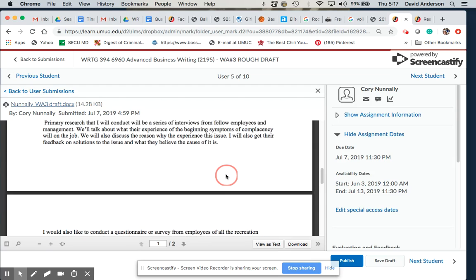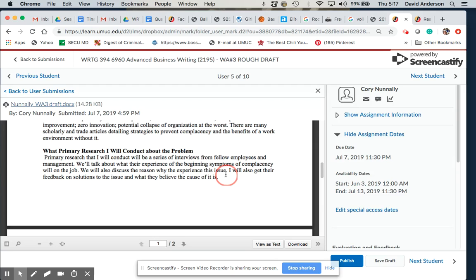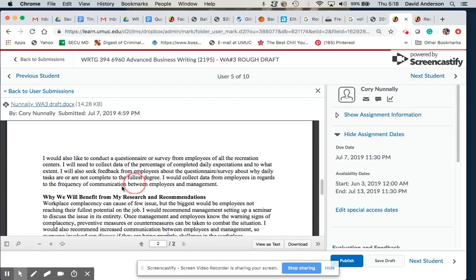So it sounds like in order to do that, you would have to structure your interviews and survey to set an end goal. Like this is what completed to the fullest degree looks like. This is what attempted looks like. This is what halfway done looks like. So you need to categorize.